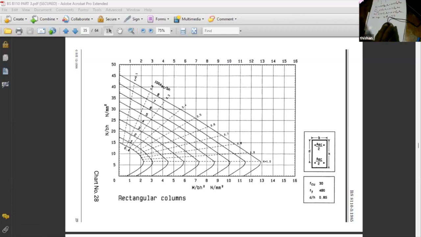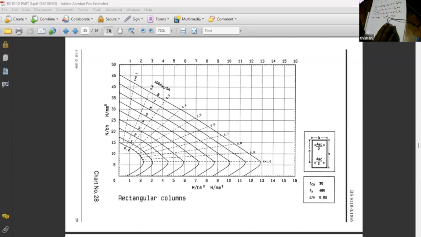And the maximum reinforcement ratio in a column is about 4%. So we can't go beyond this line also. We have to remain below this line. And so you can see you can go up to 4% reinforcement if this value is up to 2. But what actually happens is, can you remember I told you that when you are selecting the columns, we select somewhat larger columns.